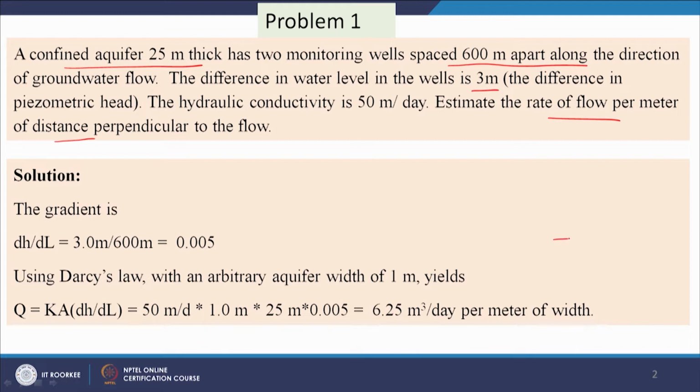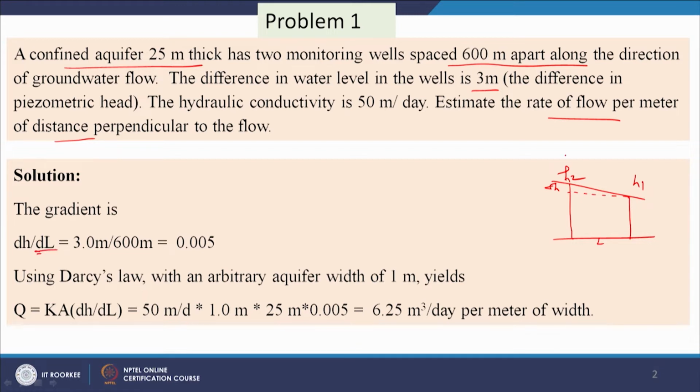So, if we take the datum line, wells 1 and 2, this is our del H and this is our L. This is del H and dl, basically L. So, what is dH?